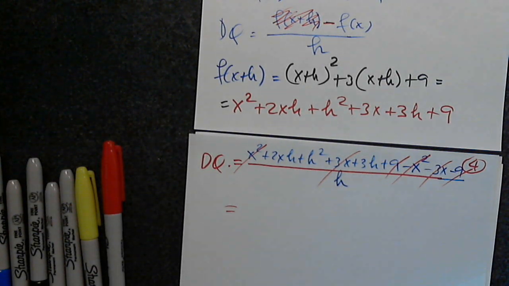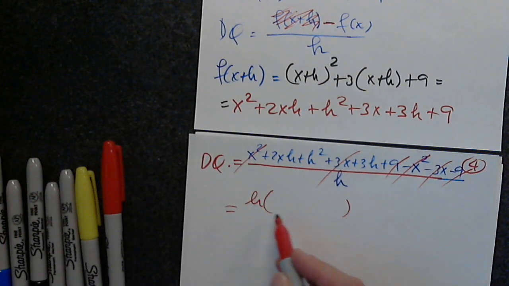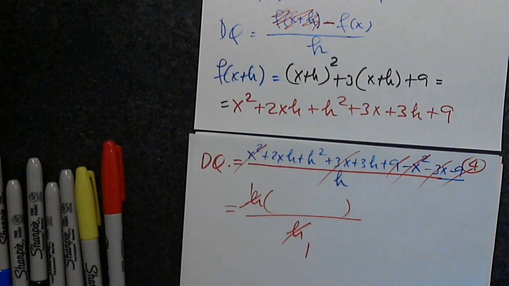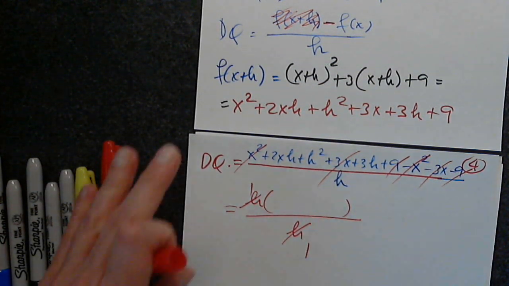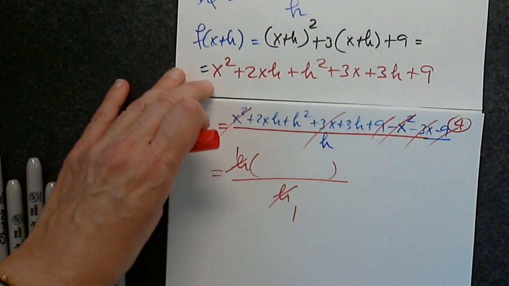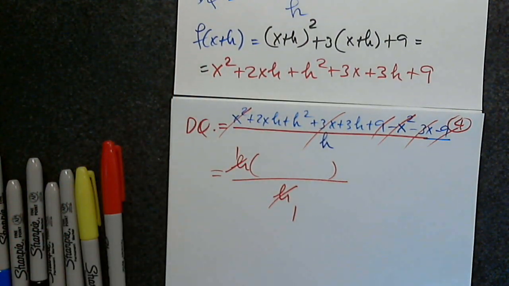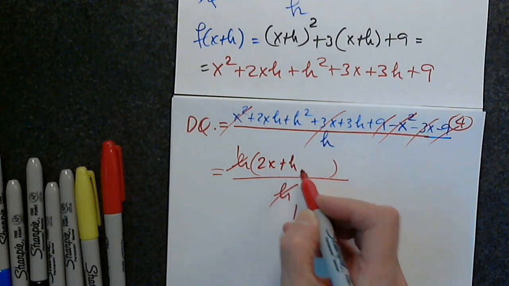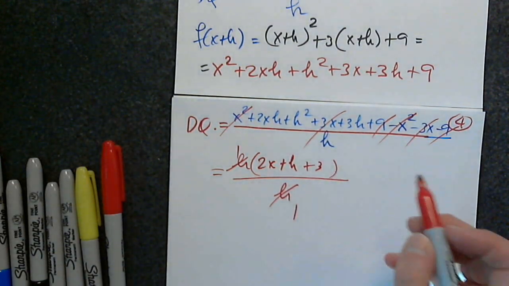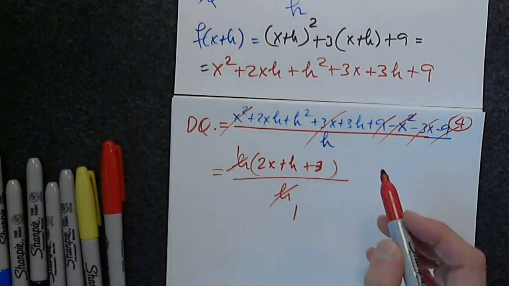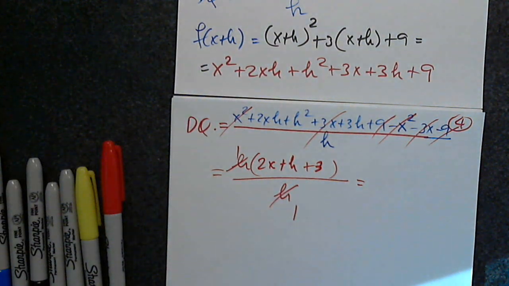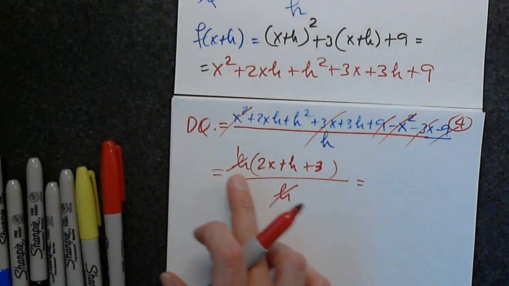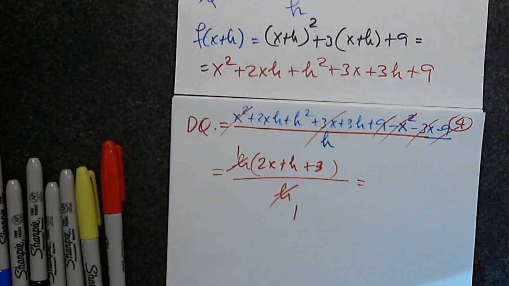And they should. H. They have to, because that h will go away with the h in the denominator. So then finally, 2x, indeed, plus h, indeed, plus 3. Okay, no problem. Is that clear? H times this is this, h times this is this, h times 3 is that.